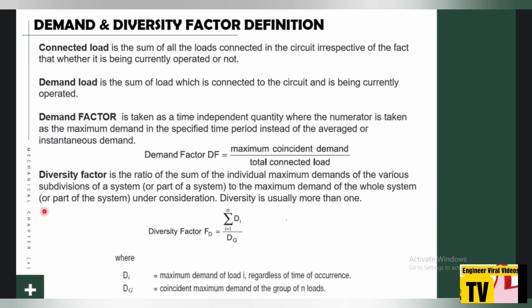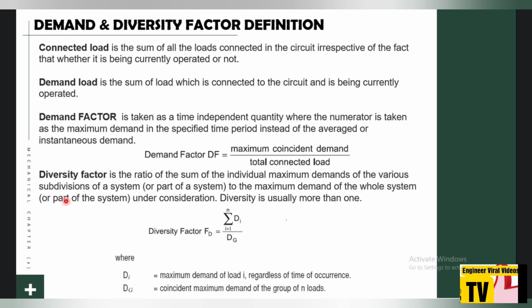And here we have the diversity factor. What is the diversity factor? It is the ratio of the sum of individual maximum demands of various subdivisions of a system, or a part of a system, to the maximum demand of the whole system or part of the system under consideration.